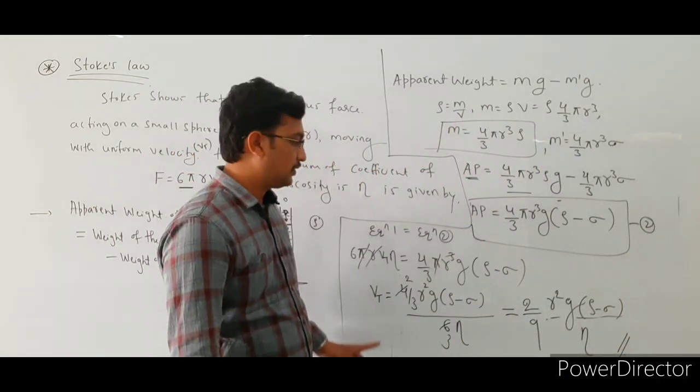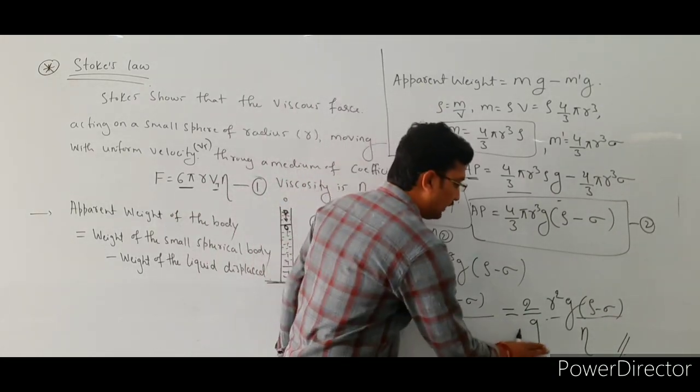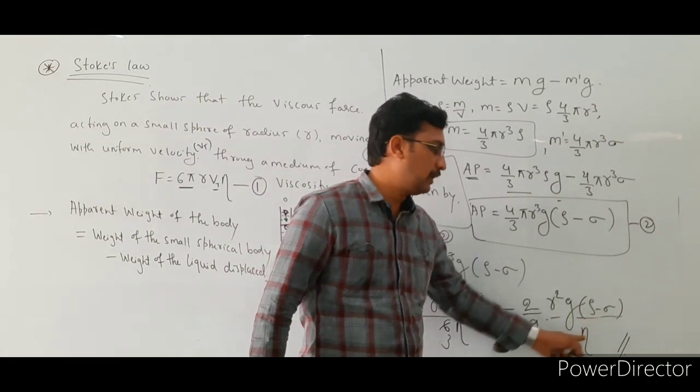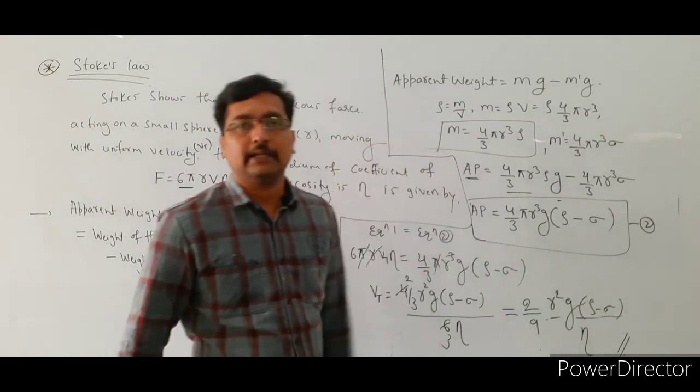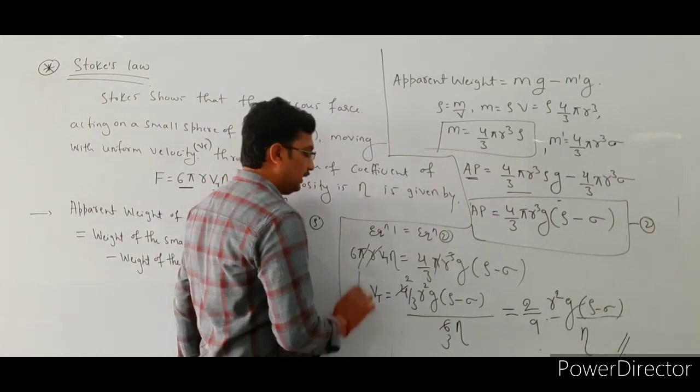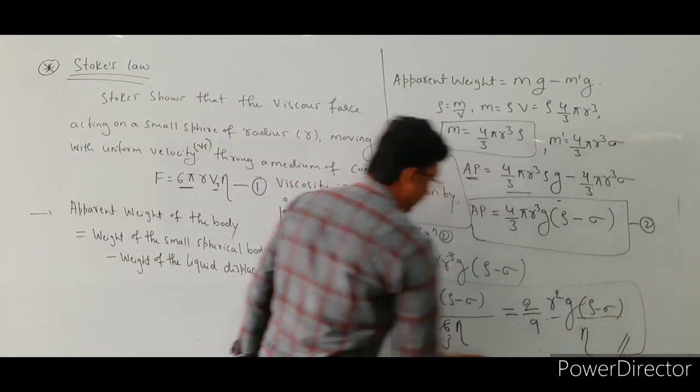So what is the expression here? That is 2 by 9 r square into g, bracket of rho minus sigma, whole divided by eta. This expression is used to find the terminal velocity.